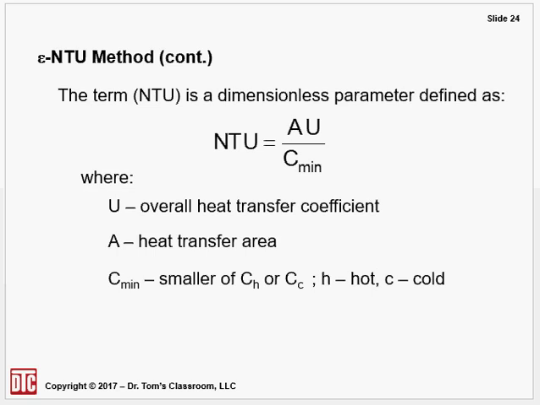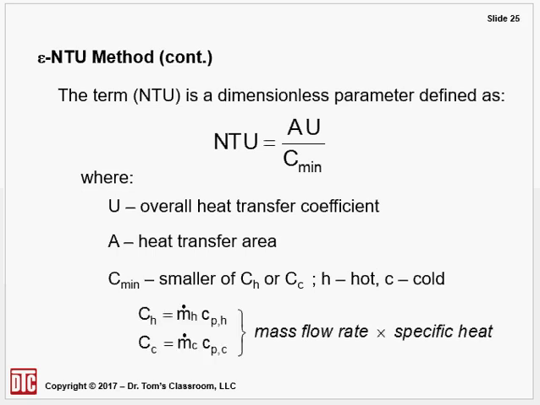They are helpful if you're actually writing this out to solve the problem. And what are they? They are m dot times the specific heat, mass flow rate times specific heat. So C sub H is m dot H times C sub P H, and C sub C is m dot C times C sub P C. Those are two of the things you need to calculate first in many of the problems.